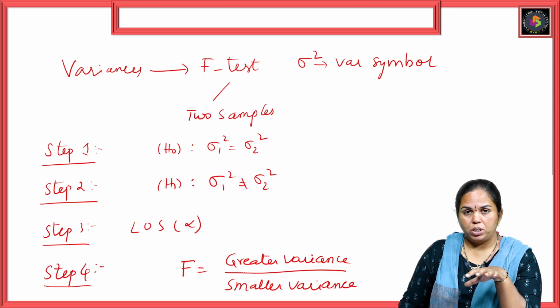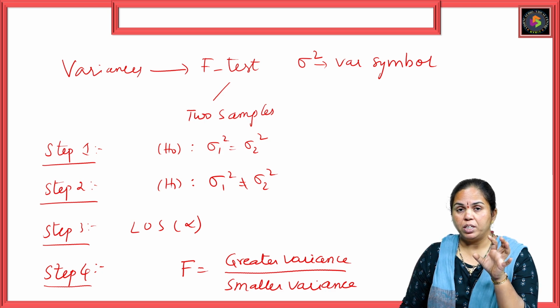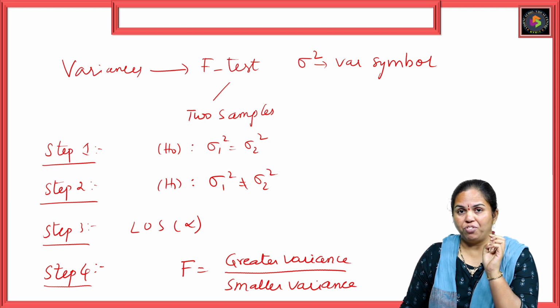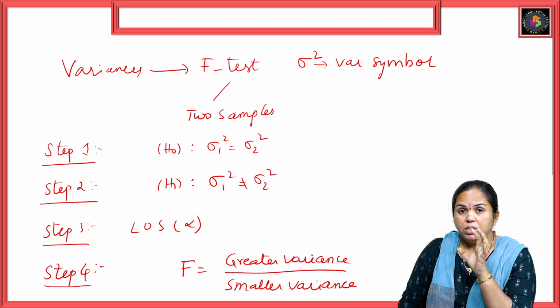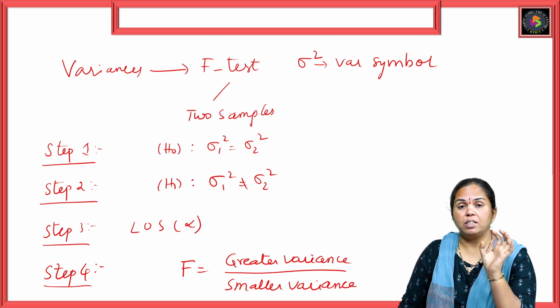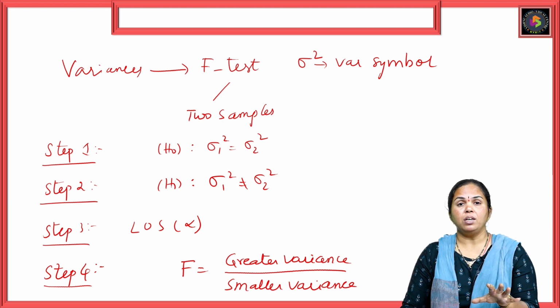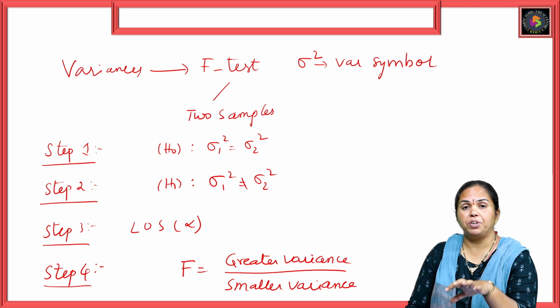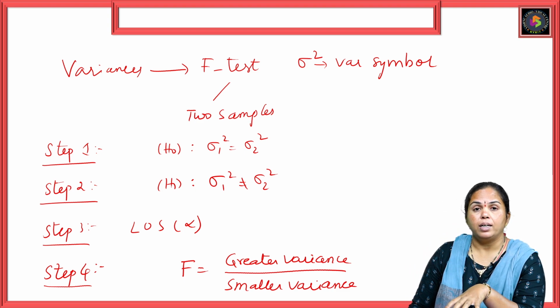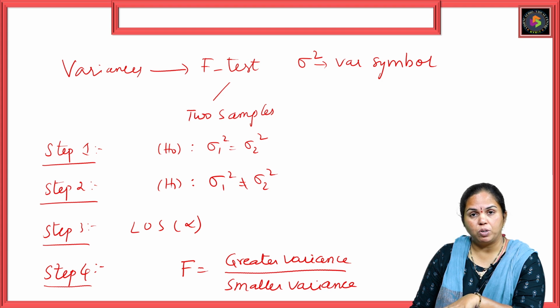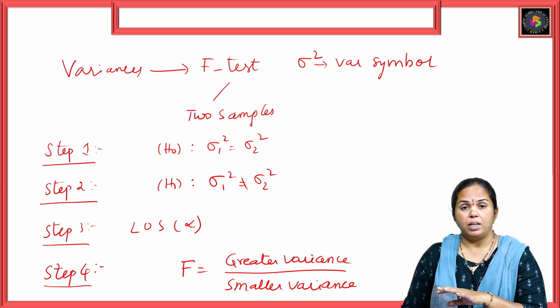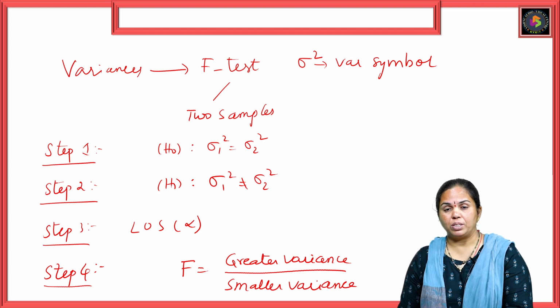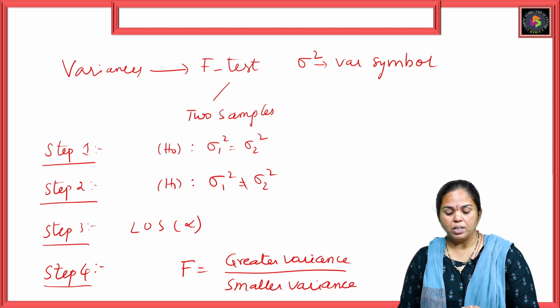When are we going to use this F-test? Whenever the problem has the concept of variances and we are comparing the significance of variances, we use the F-test. As we are comparing the variances, H0 will be sigma 1 square equal to sigma 2 square, and the alternative hypothesis will be sigma 1 square not equal to sigma 2 square.